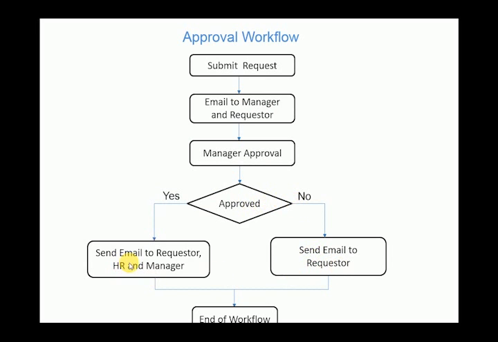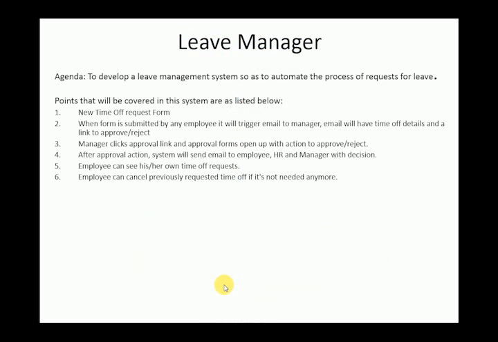Let's say if it is approved, email will be triggered to HR, requester and manager, and if it is rejected, email will be triggered to requester that yes, your request has been rejected, and which will come to our end of workflow. So now let's begin by creating our new leave request form.